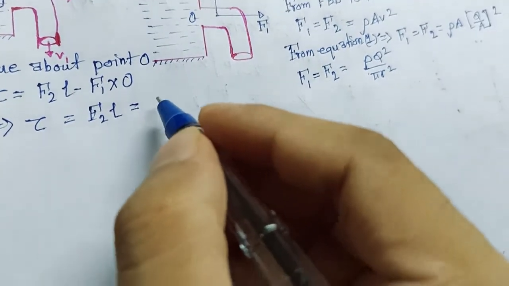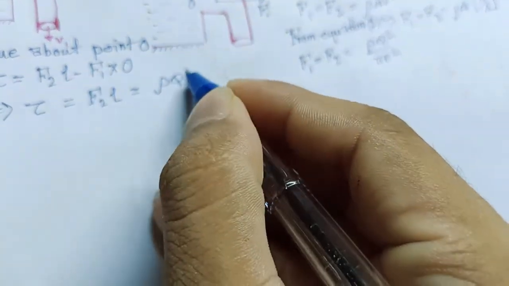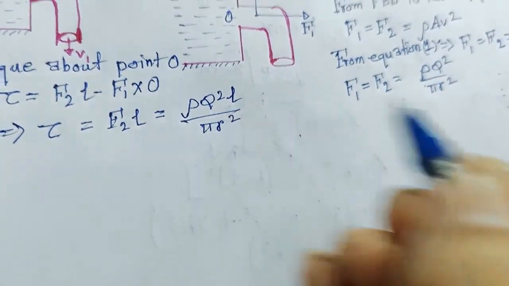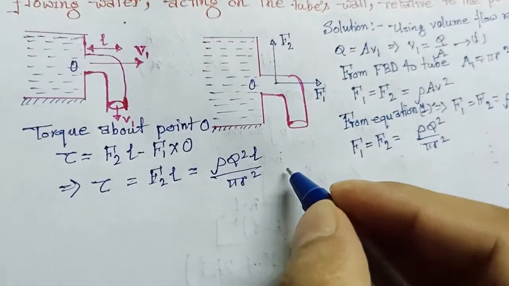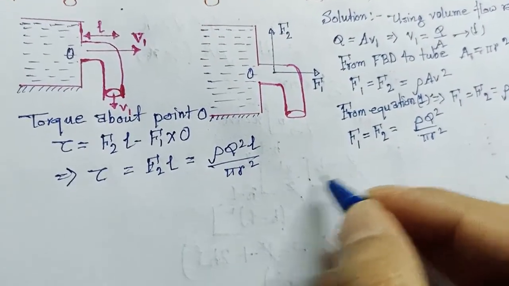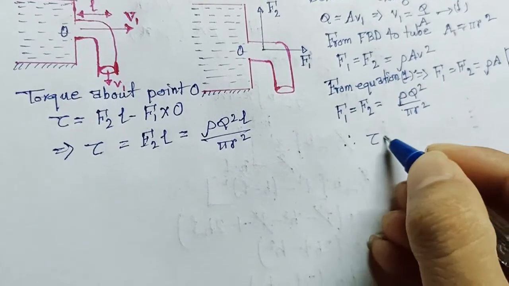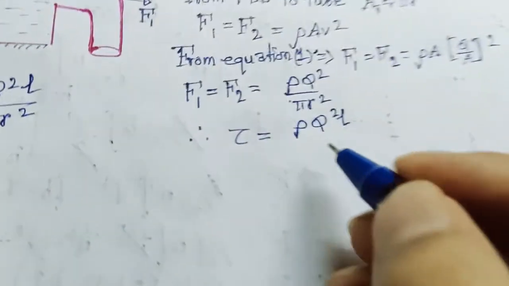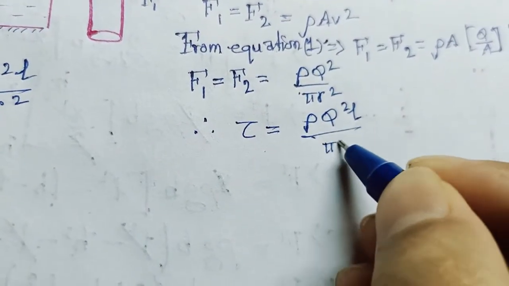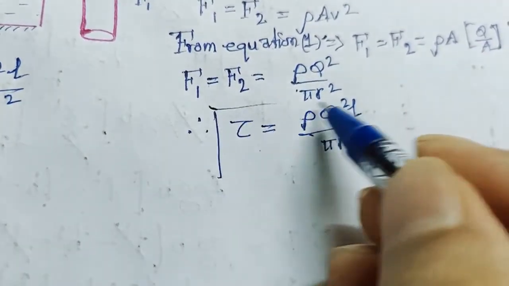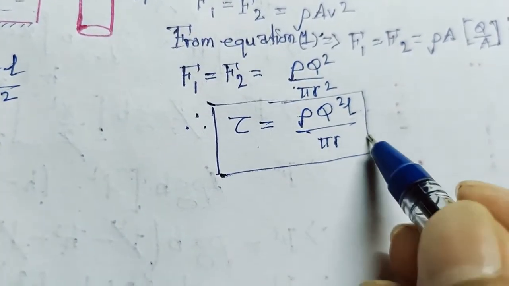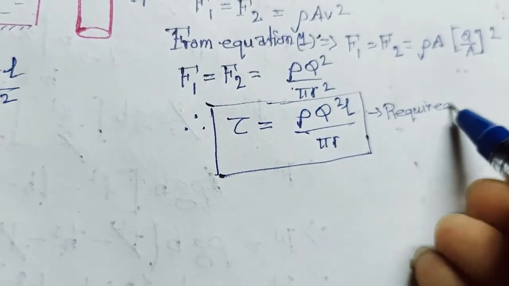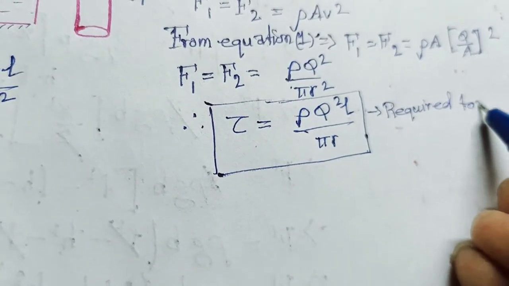So our tau is equal to rho Q square L divided by pi r square. This is our required torque.